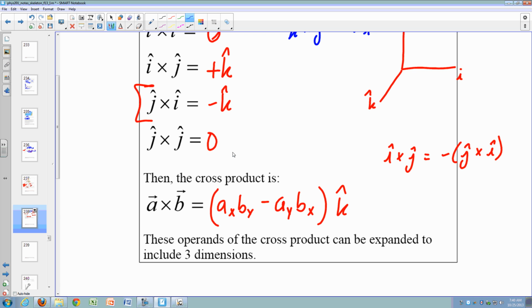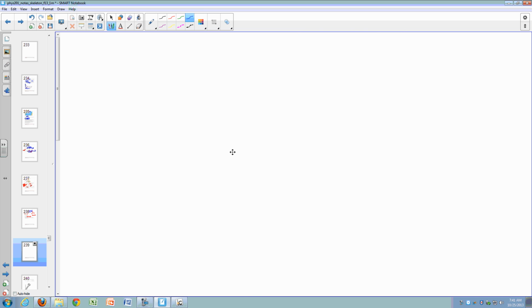And you can expand this to do 3 dimensions. So I can have vectors with I, J, and K components. I'll try to keep it a little simpler just for the algebra. We'll do some examples of that with torques.